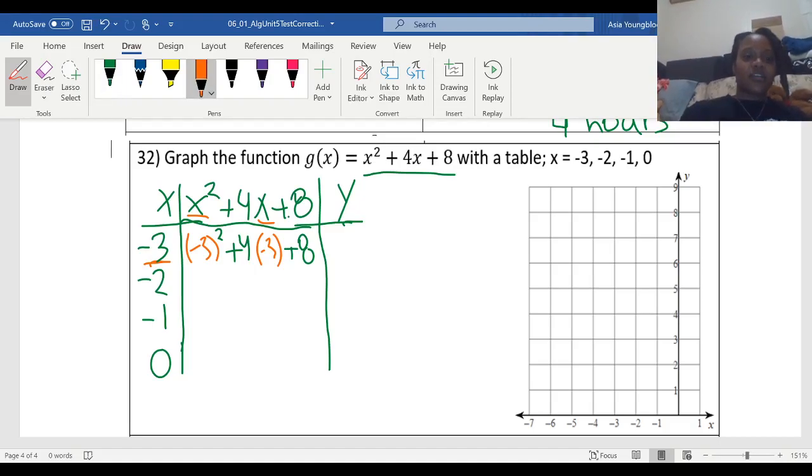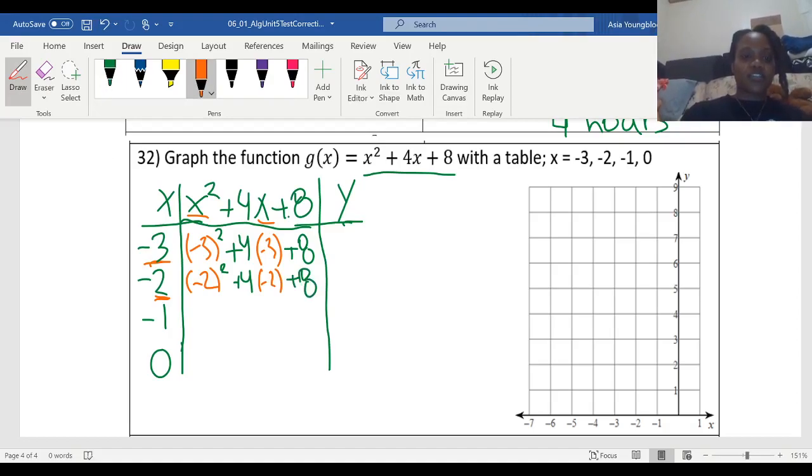For the second one, we're going to change those x's or -3's to -2's. So we're going to have -2 squared plus 4 times -2 plus 8.